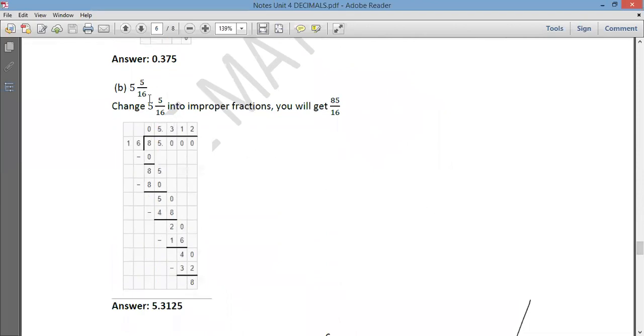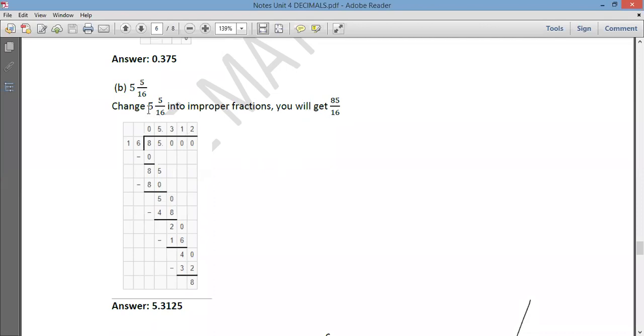5 and 5/16. You have two methods to do this one. First, I change this mixed number into an improper fraction, then I get 85/16. Tiffany, if you are here, please recall what I taught you before the class test or exam, how to change a mixed number into an improper fraction.